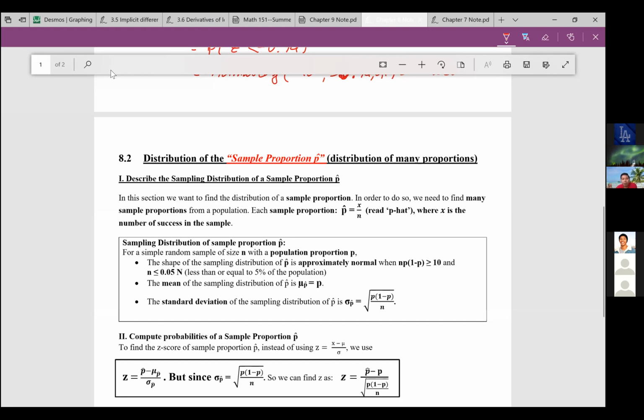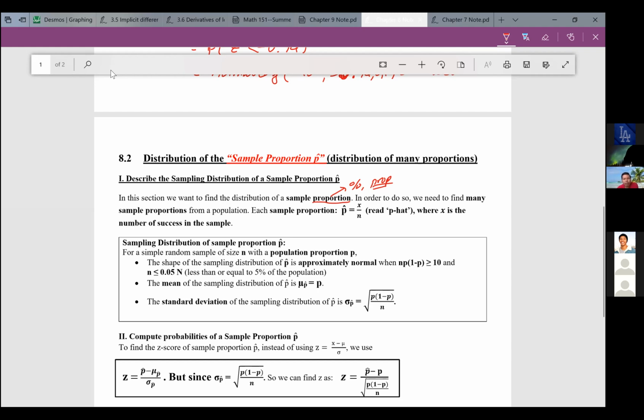Now, sample proportions will always deal with percentages or probabilities and so on. Anything involving percentage will be considered a proportion. For sample proportion, we use p hat as the notation. P hat stands for the sample proportion.